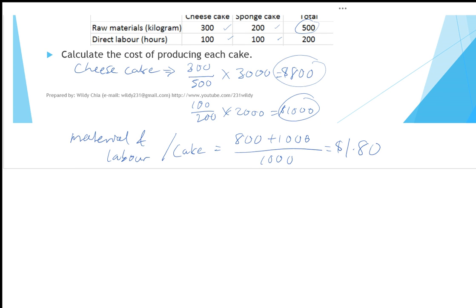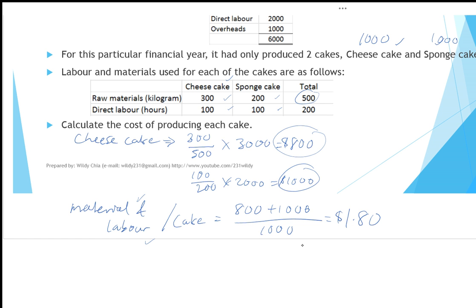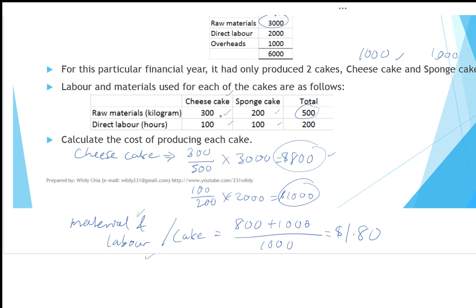Right. Determining the material and labor cost is fairly simple, as I mentioned, because it is possible to measure the weight of materials used and the labor hours used to produce the cakes. Now, using the same methodology, you could determine the material and labor cost of each sponge cake, but that you could explore on your own.